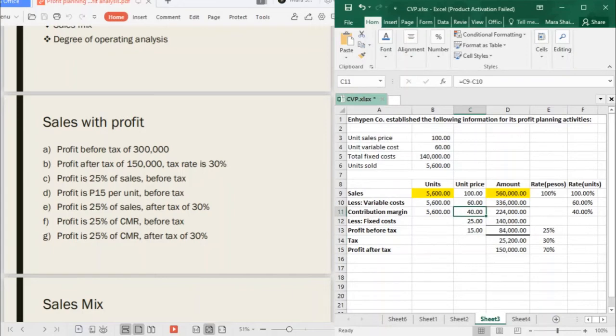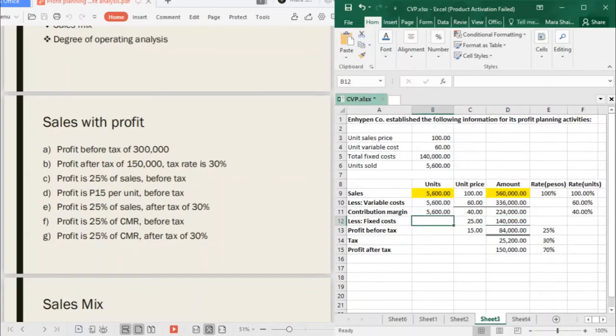The units are what is asked. So you can get your difference and then divide again by your fixed cost to get the number of units.